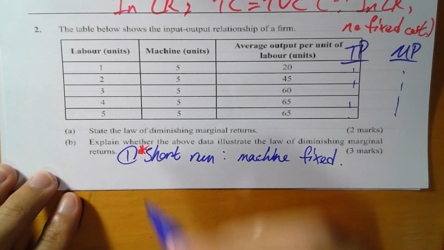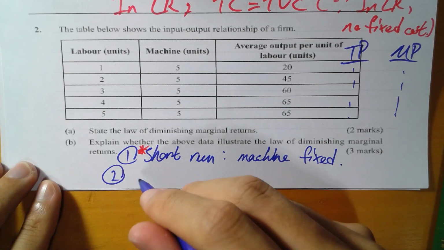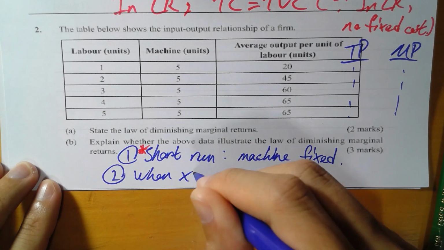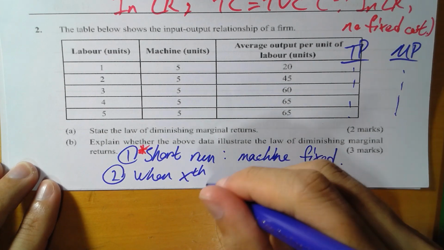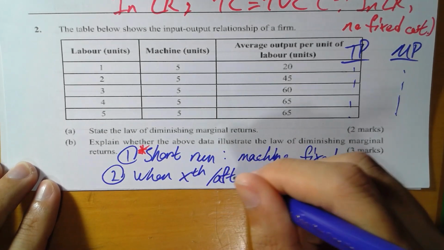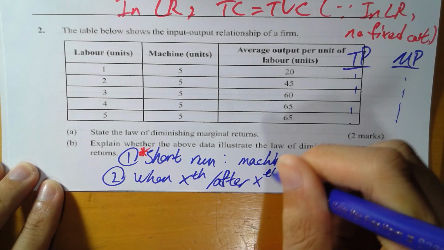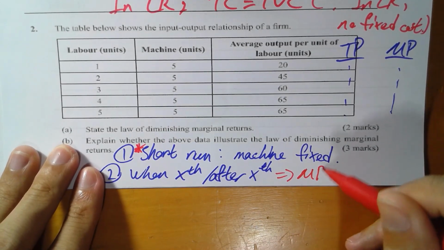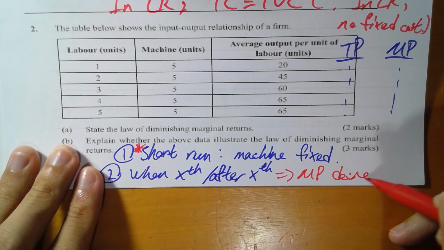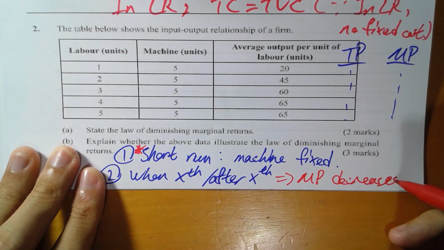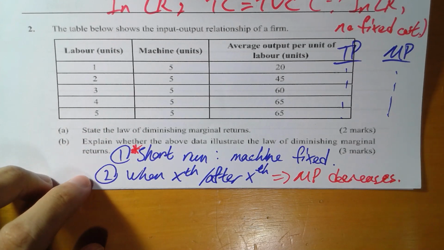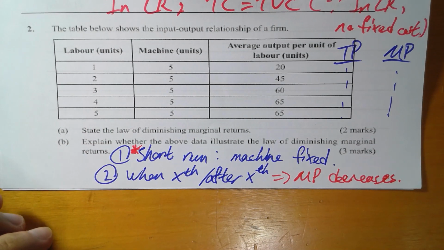Then after this, you just say, after a certain unit, MP decreases. Then these 2 combined together, we will have diminishing marginal return.